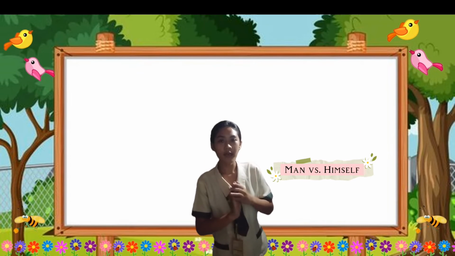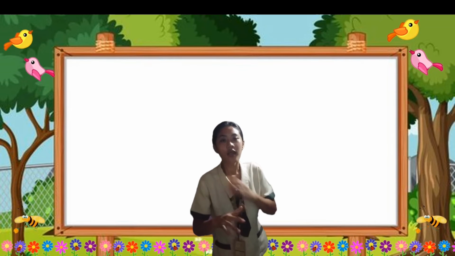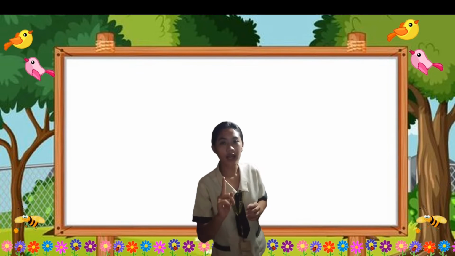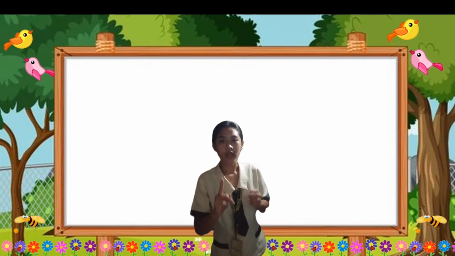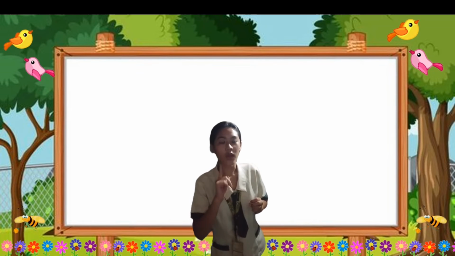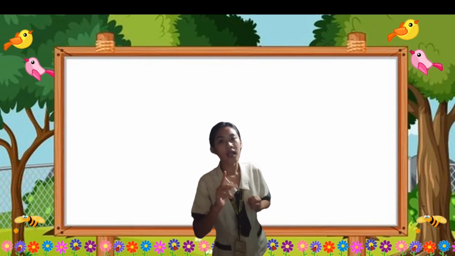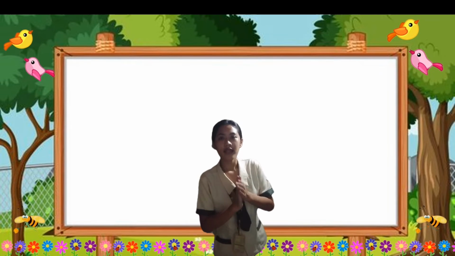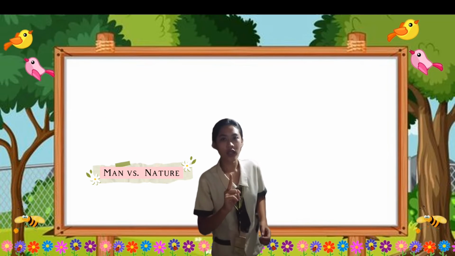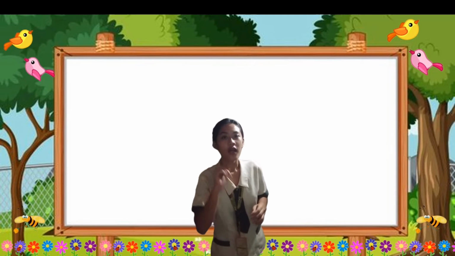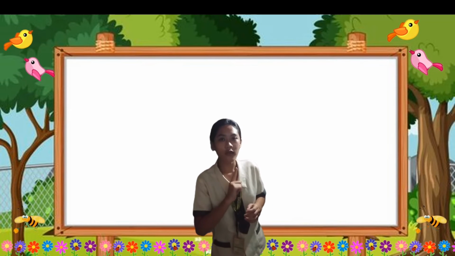Man versus himself: the character battles himself or herself. For example, Jacob must choose whether to tell his mom about his bad choice. Next is man versus nature. The main character fights to endure or overcome forces of nature.